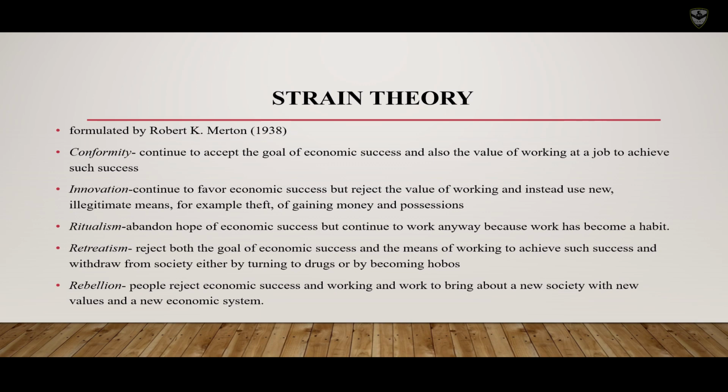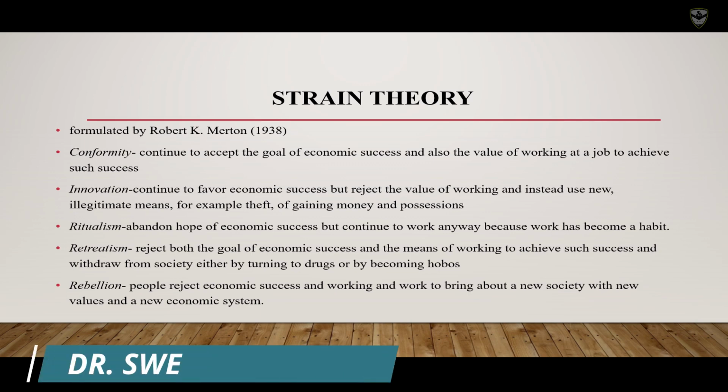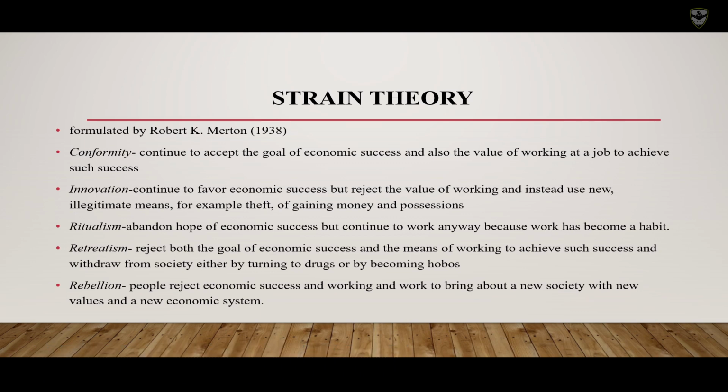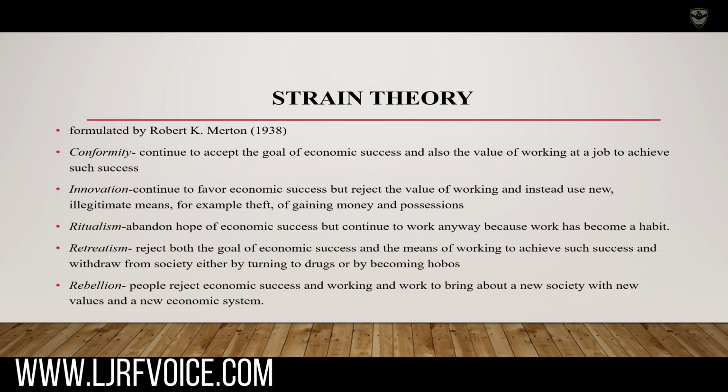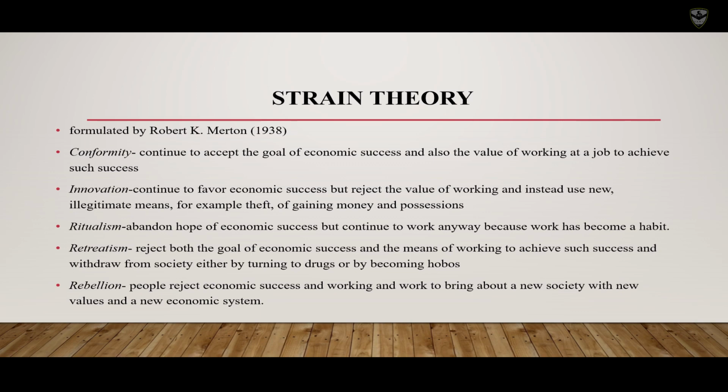They do not want to achieve any societal goals, nor would they try any jobs or any methods to achieve that success. So they've rejected both the success as well as the path to achieve that success. They have been totally withdrawn from the society, either by turning to drugs or becoming drunkards.